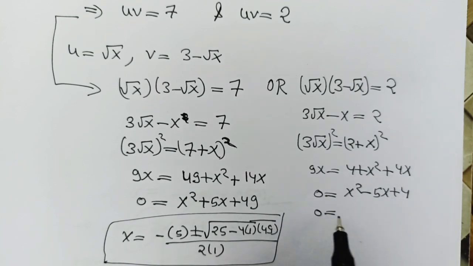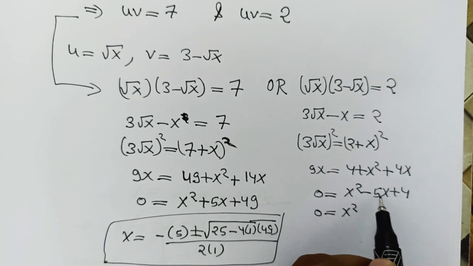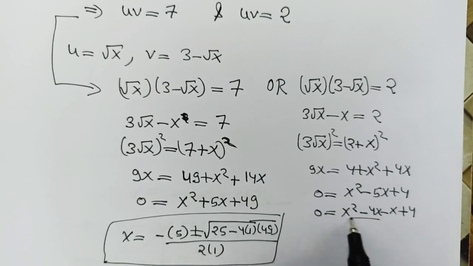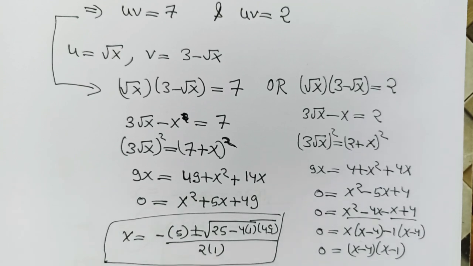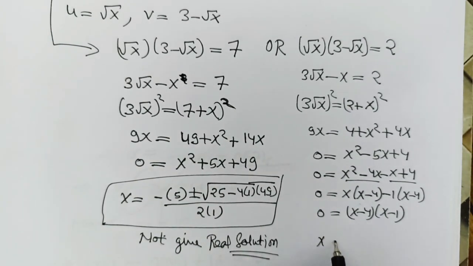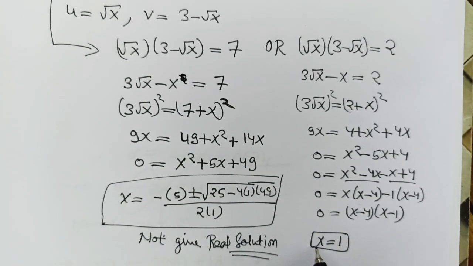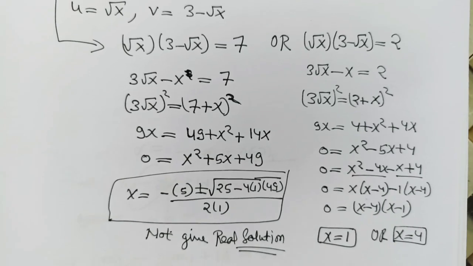Now this part can be written as minus 4x minus x plus 4. So from here we have x common and then x minus 4, and from here minus 1 is common, so we have two factors, x minus 4 and x minus 1. That means x is equal to 1 or x is equal to 4. So these are real solutions.